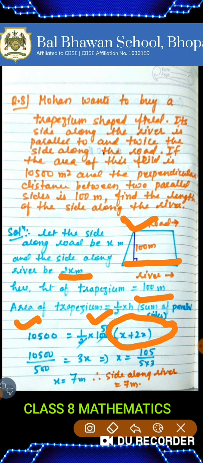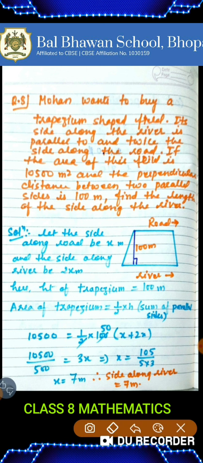And further, when you are solving, you are getting x plus 2x as 3x. And when you are cancelling 100 by 2, you are getting 50. Then this 50 will divide 10,500. Like this, we are getting the value of x as 7 meters. And that is the side along road which you are supposed to find in the question.